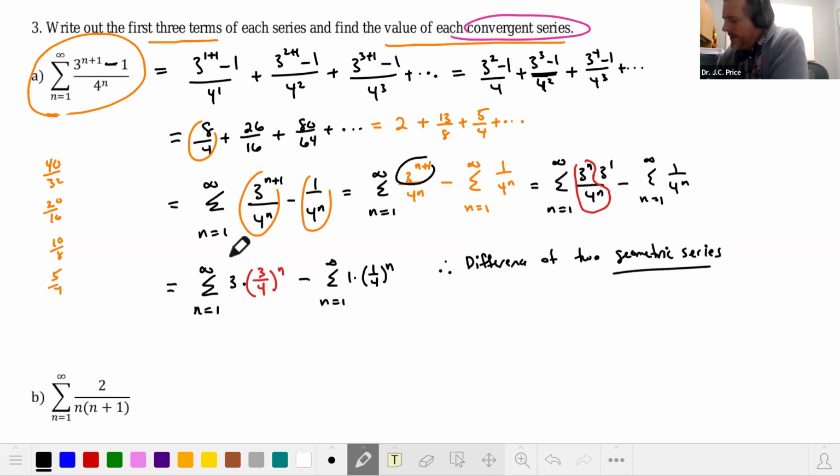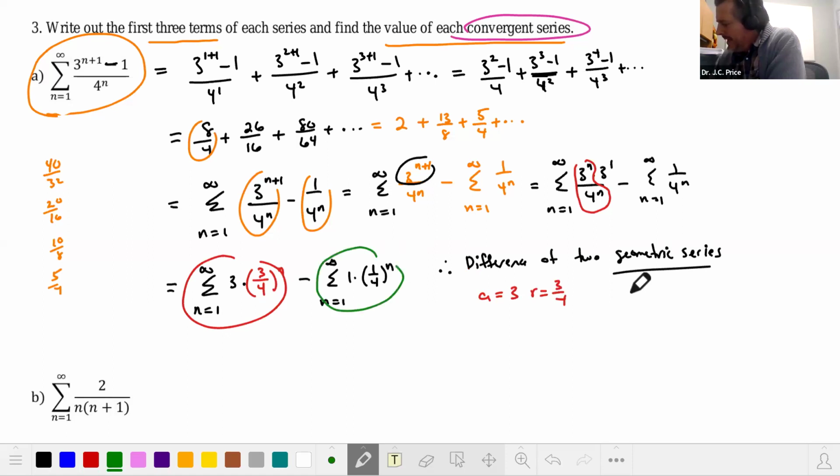And so in the first series here, my A is equal to 3, and my R is equal to 3/4. And in the second geometric series, my A is equal to 1, and my R is equal to 1/4. Because now, what can I do?